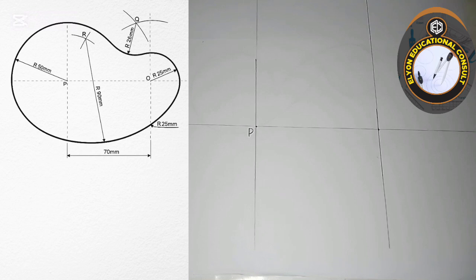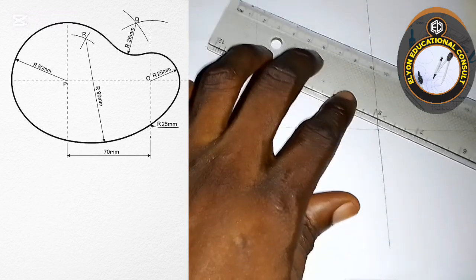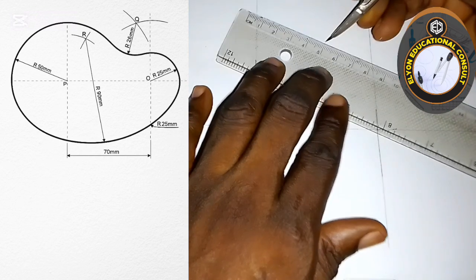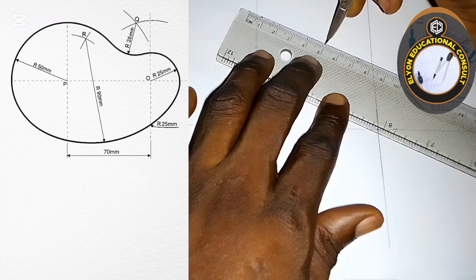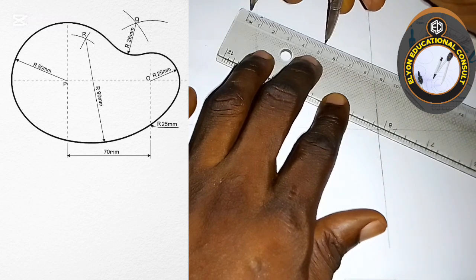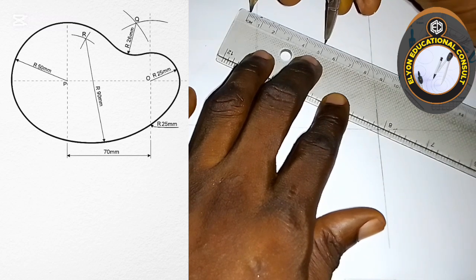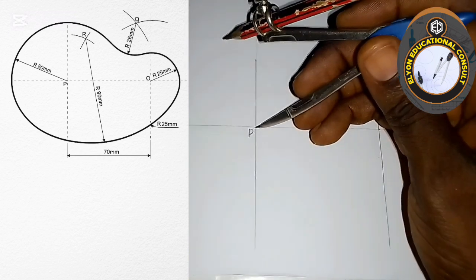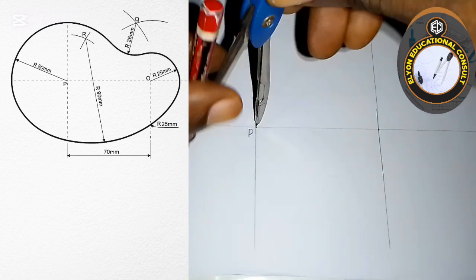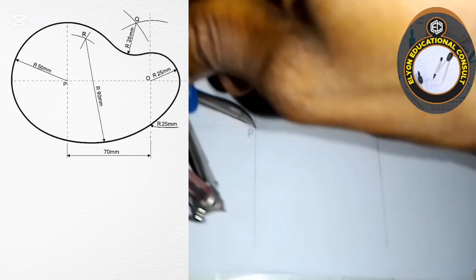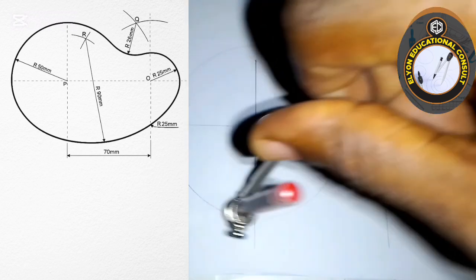The next thing I'm going to do: the circle radius is 50. So I stretch my compass to 50, needle on point P, to produce this circle this way.